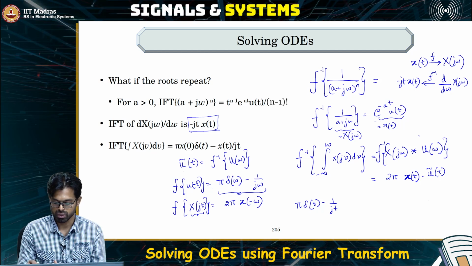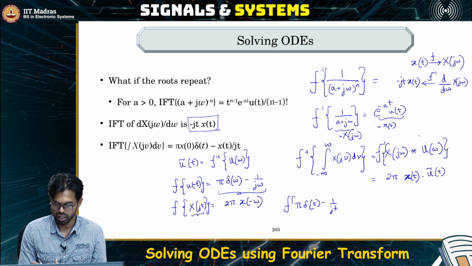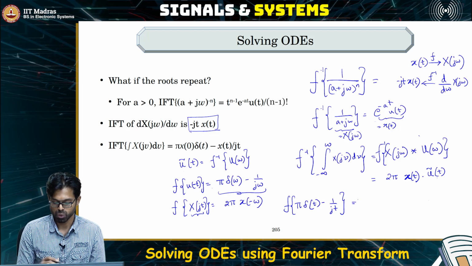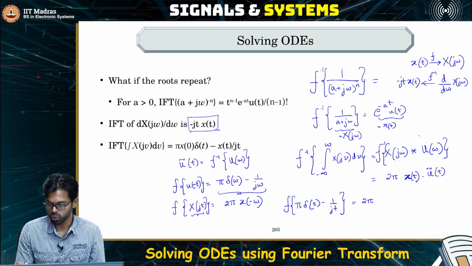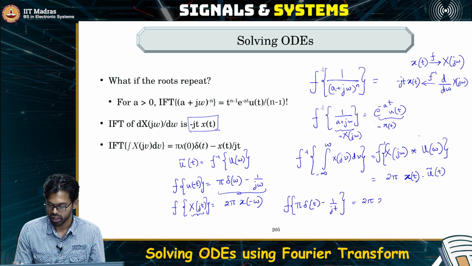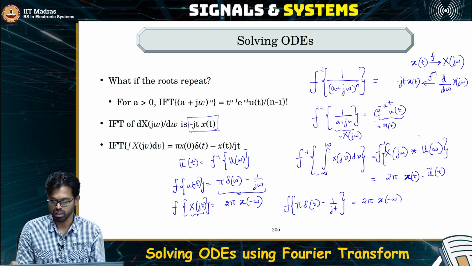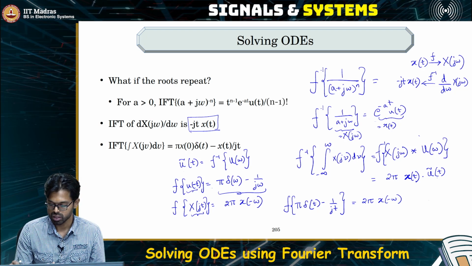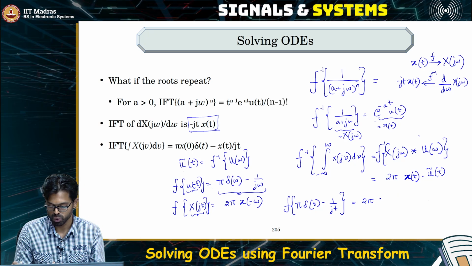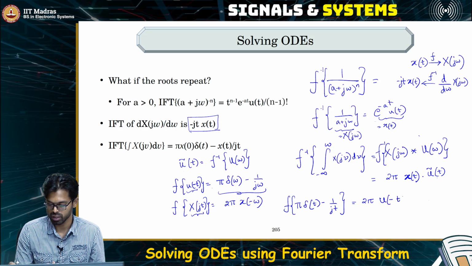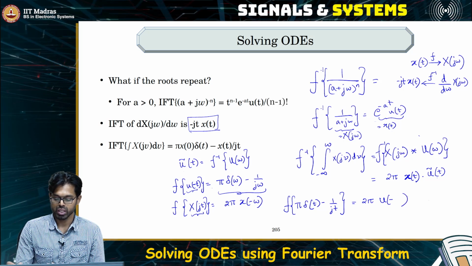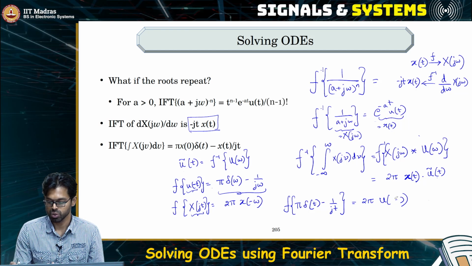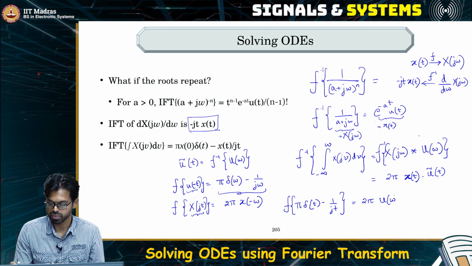So this is x of jt, and if you try to find out its Fourier transform, we know that that is equal to 2 pi x of minus omega. But here what is x? It is u of minus t. Okay. In other words, that t gets replaced with minus omega, which is minus omega. So you have u of omega.